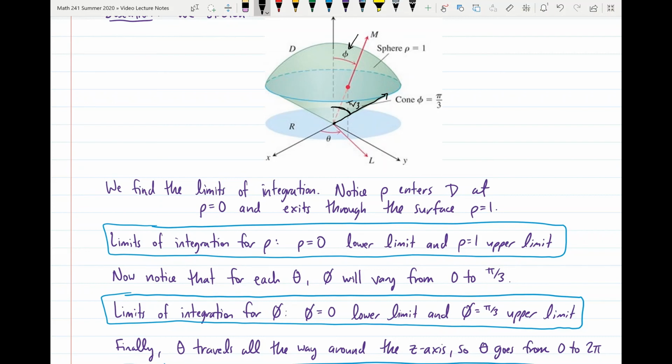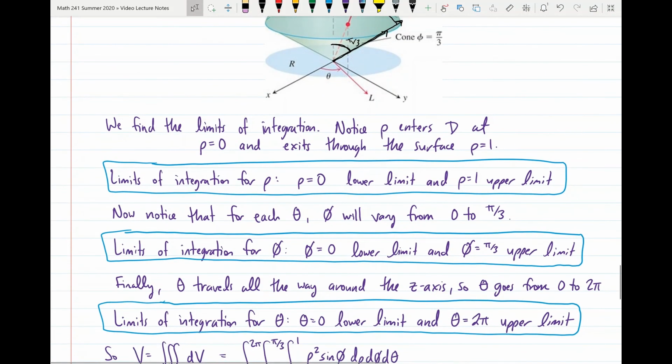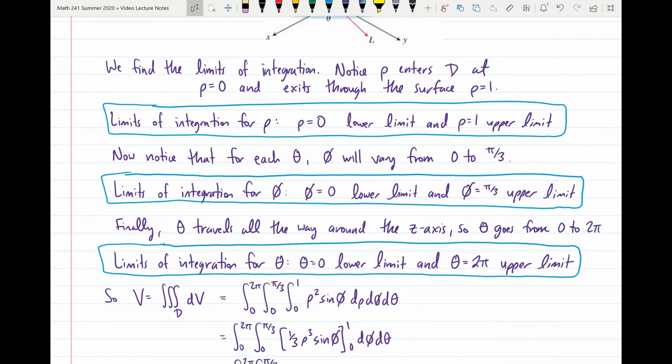The ray can go all the way up to the z-axis and still be inside the region, so phi min is 0, but the ray can only go out to here, and the angle between this ray and the positive z-axis is pi over 3. So the maximum value of phi is pi over 3, and the limits of integration for phi are phi equals 0 as the lower limit and phi equals pi over 3 as the upper limit.